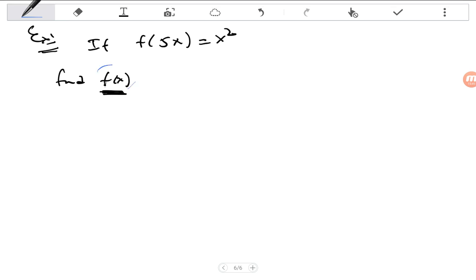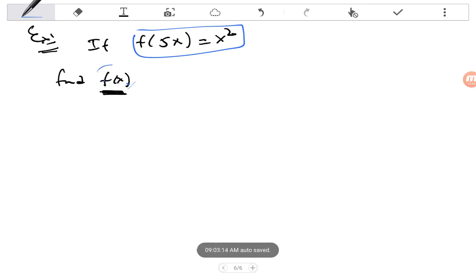I need to determine how f operates on x, but what is given in the problem is how f operates on 5x. How do we determine how f operates on x instead of 5x? We have many methods to know this.